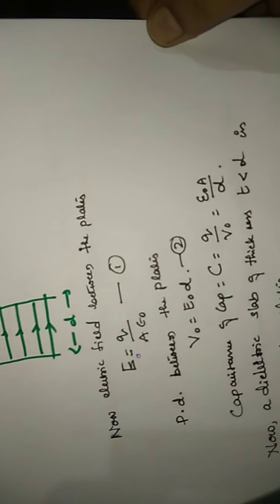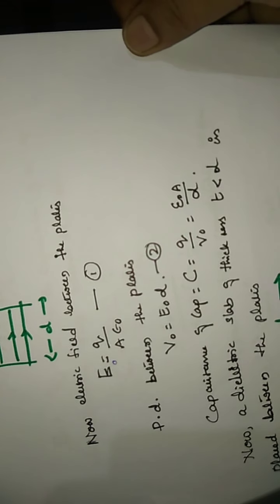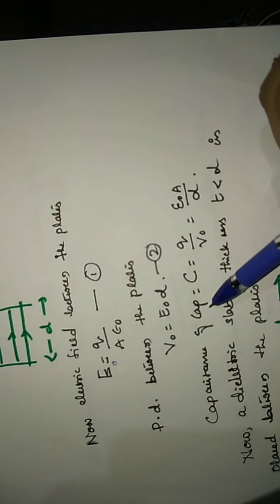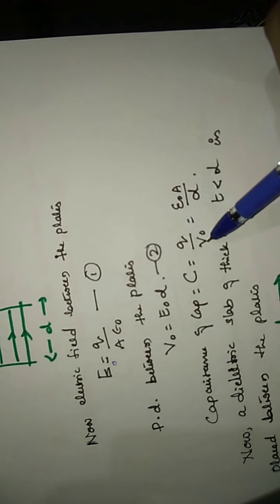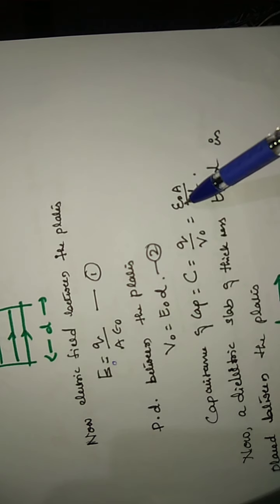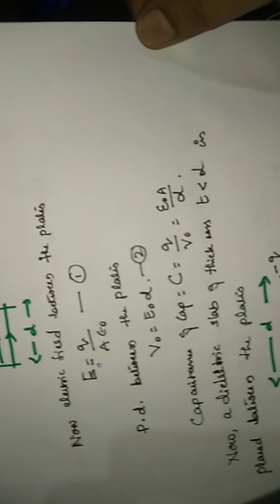So V naught is equal to E naught into D, because electric field is given by the ratio of potential difference to the distance between the two plates. The capacitance of the capacitor is the ratio of charge per unit potential difference, that is Q by V naught, and for a parallel plate capacitor it is epsilon naught A divided by D, which we have already derived.